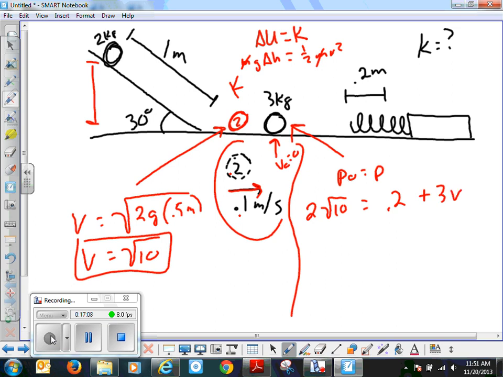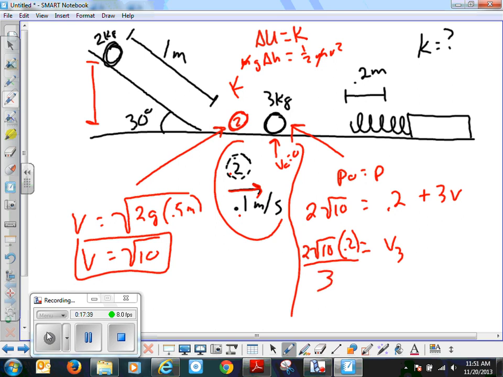So the velocity of the 3 kilogram is going to be 10 times the square root of 10. Unless I did my math wrong. I did my math wrong. I'm subtracting 0.2, which I think I made that mistake yesterday too. So it would be 2 times the square root of 10 minus 0.2, all divided by 3.